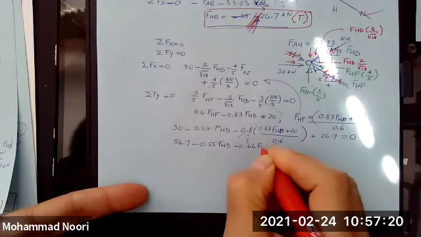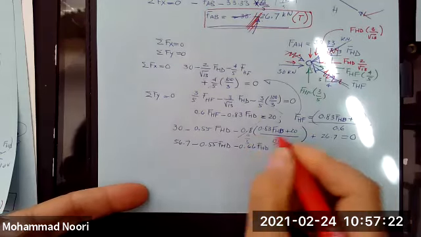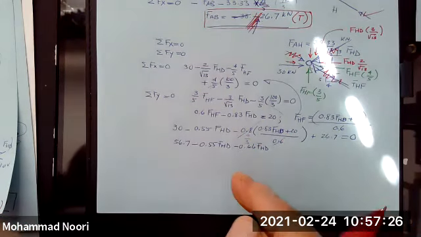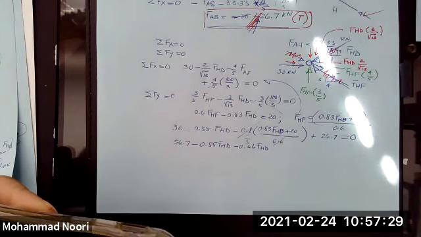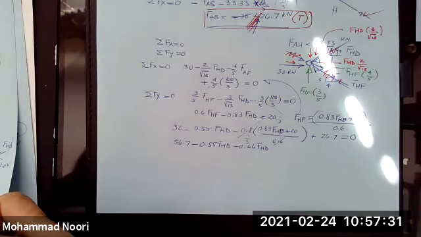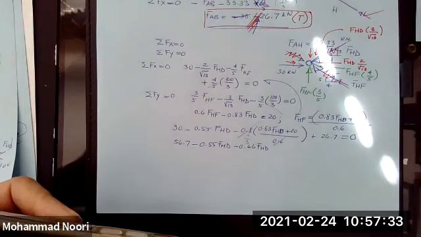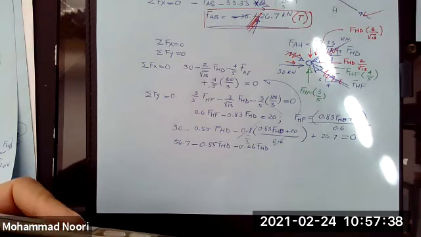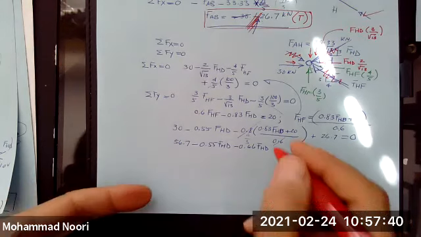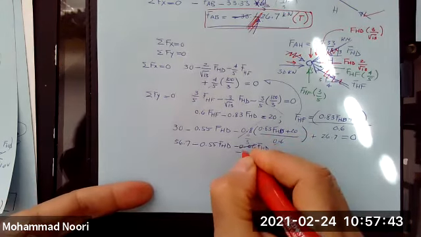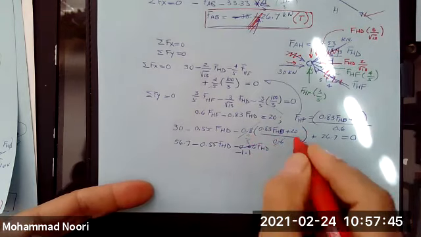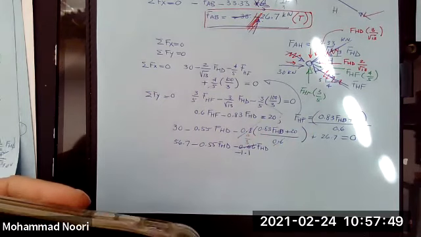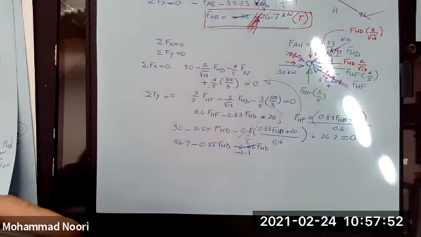You have minus 0.66 f of hd, then you have, wait a minute, 0.8 divided by 0.6 times 0.83. This is negative 1.1 f of hd. Then you have 0.8 times 20 divided by 0.6.